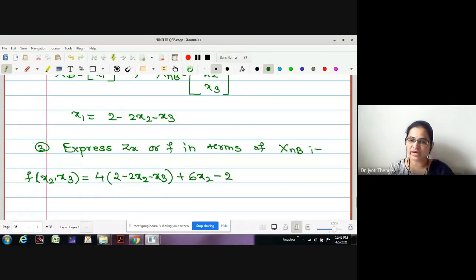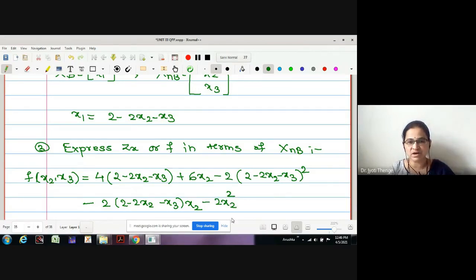Minus 2x1 square, so let me write x1 as 2 minus 2x2 minus x3 bracket square. Next is minus 2x1x2, with x1 written as 2 minus 2x2 minus x3, times x2 as it is. And lastly, minus 2x2 square. Therefore, we have expressed f in terms of non-basic variables.